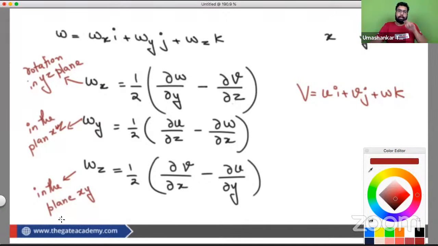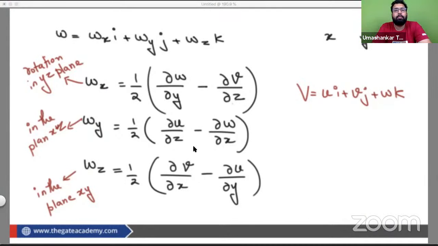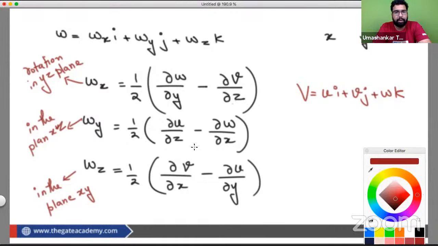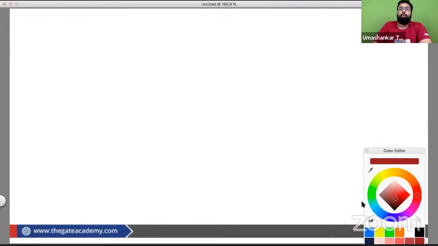xy. Normally, when we are given a two-dimensional system, the system is given to us in the x and y plane. So in the x and y plane, if we have to check the velocity vector, we must find omega z.